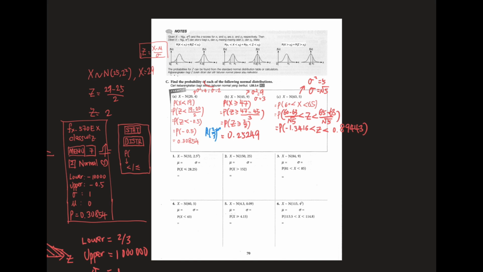Standard deviation 1, mean is 0, and then you will get the probability, which is 0.7246.